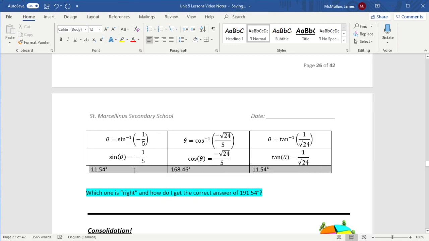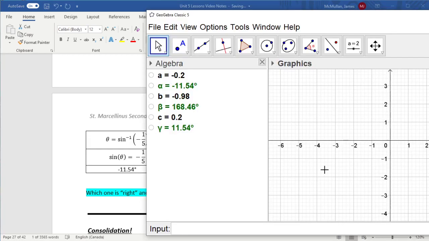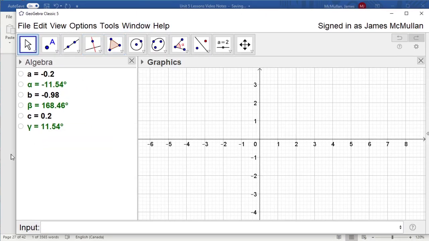Now, it takes some thinking as to what is going on in each of these questions. And what you notice here is that none of them are actually the right answer.